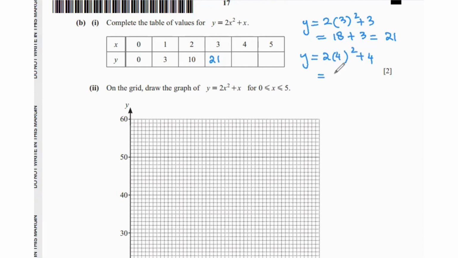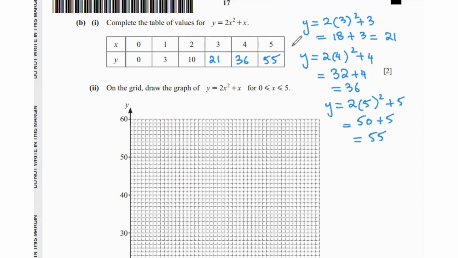That's 16 times 2, 32 plus 4, and that's 36. And lastly, y equals 2 times 5 squared plus 5. 25 times 2 is 50. 50 plus 5 is 55. So these are the values of y.